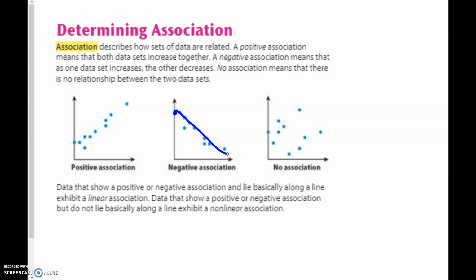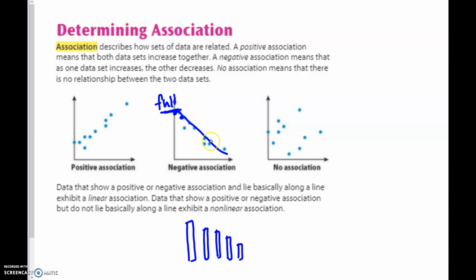So think about a candle, and if a candle is burning, the longer you let it burn, what happens? The height of the candle goes down. So the more it burns, the shorter the candle gets. That is a negative correlation. Or think about a gas tank. If you have a gas tank full of gas, and you drive 5 miles, the amount of gas left in the tank goes down.